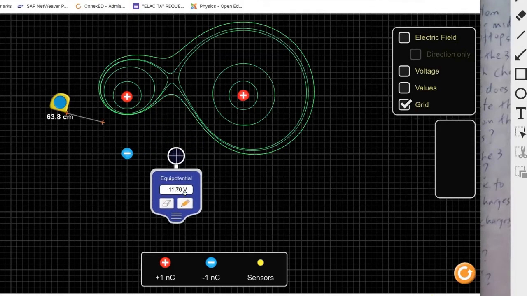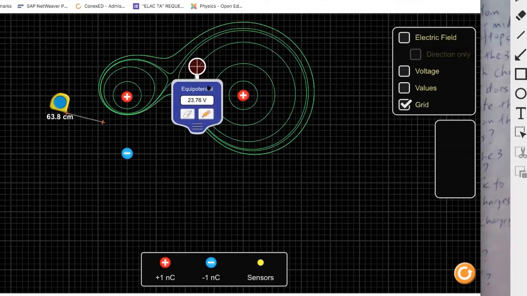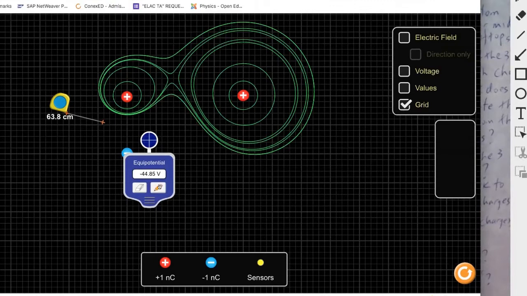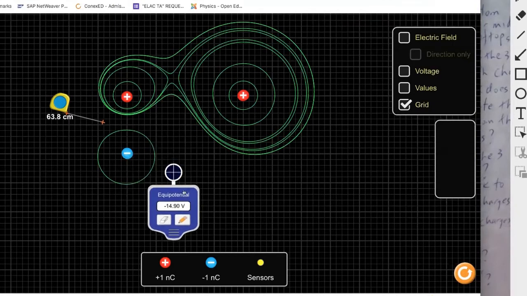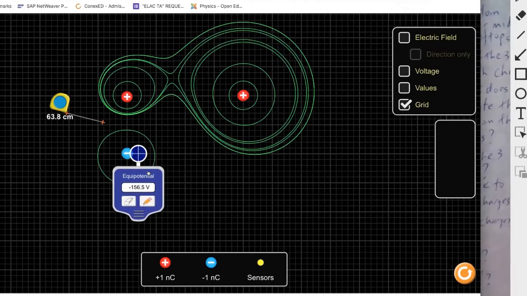Physicist's dream come true. You see how computer science aids in science, Daniel? Now we could do any random location. Okay, the voltage here is -44 volts. So as we go towards negative charges, the voltage gets more negative. That's like saying the elevation goes below sea level, you know?